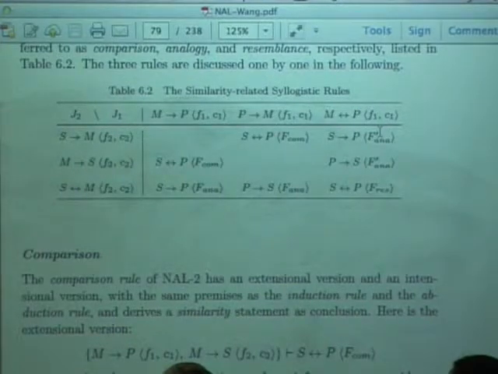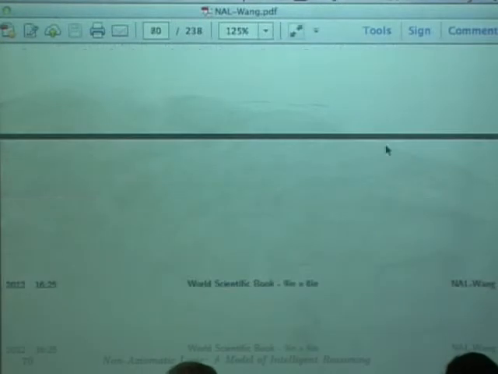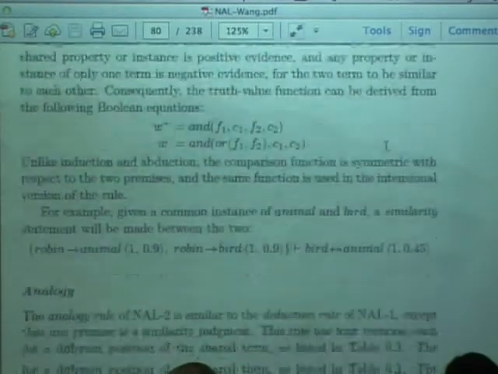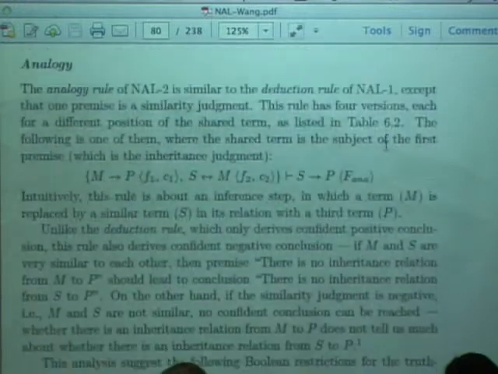So they are actually the same function. So here you see, basically I always take the similarity to be the second premise, the inheritance to be the first one. If it's the other way around, like here, I just switch the order in the function, instead of introducing another function. So the function itself is given here.